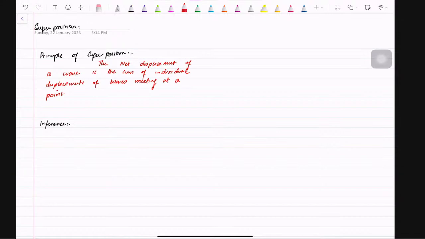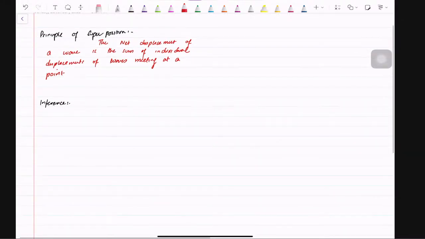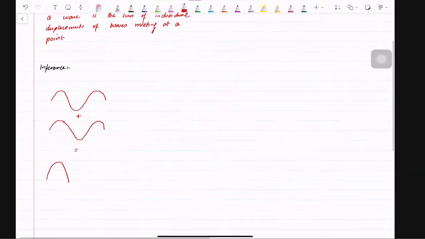For example, if there is a wave which seems like this, and there's another wave, and these two waves have 0-degree phase difference, so when they interfere with each other, they create a wave that's much bigger.